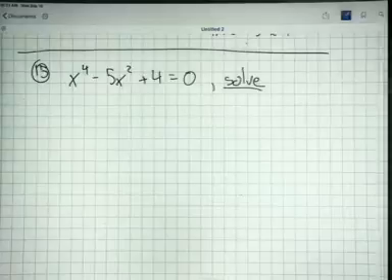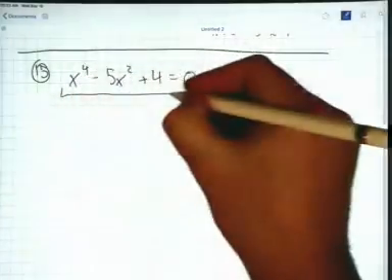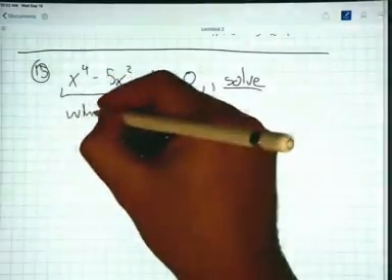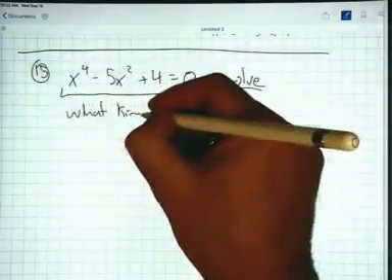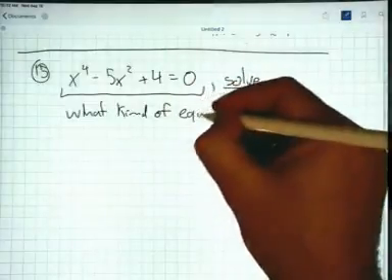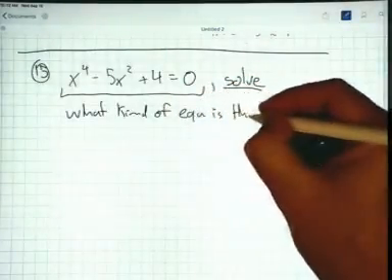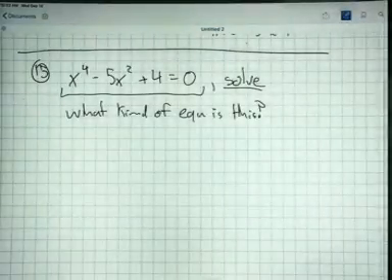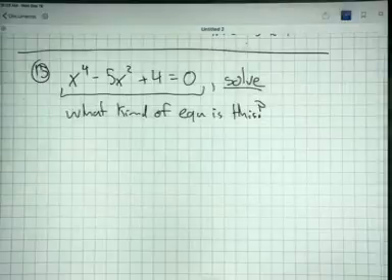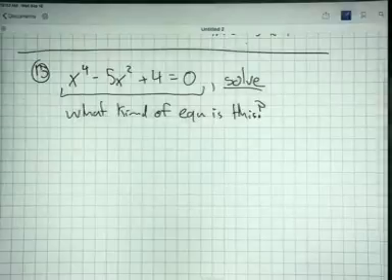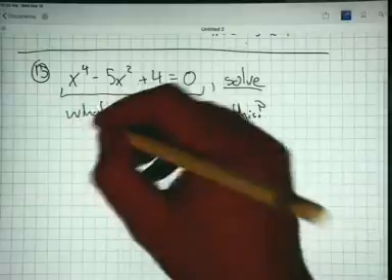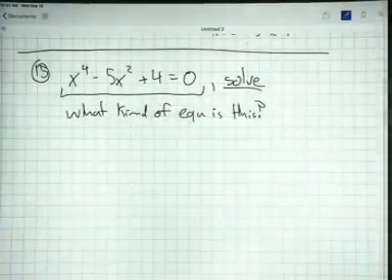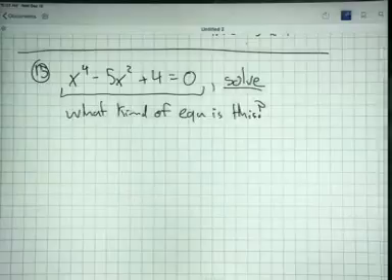So you have to start looking at this and asking yourself, what kind of equation am I dealing with? And once you know what kind of equation it is, then you can say, oh, this is how I solve it. This is where you start putting on your thinking hat, your detective hat, and you start analyzing the question.